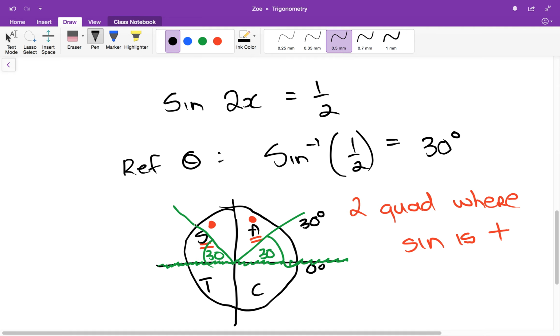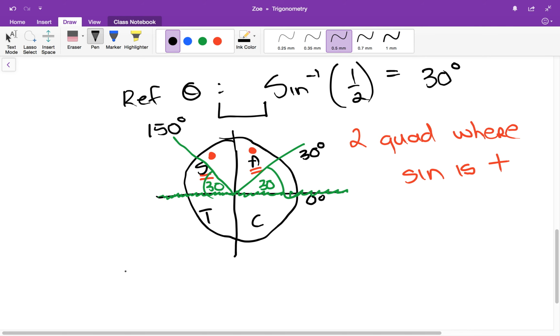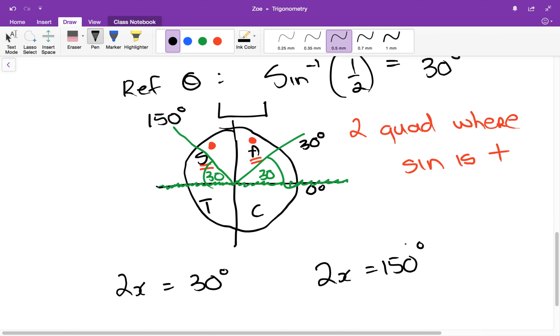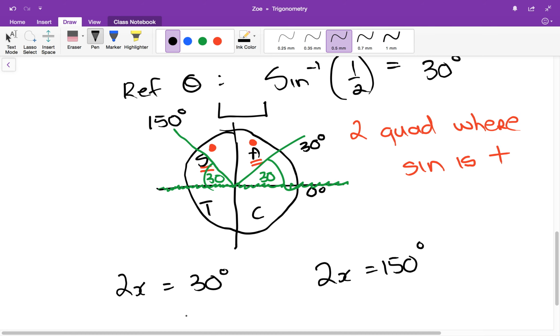Whereas this one over here is 30 degrees short of 180, so it's 150 degrees. Okay, so there are two answers, except that this is not x, it's 2x, and we have to take that into account. So we let 2x equal 30, and we let 2x equal 150, and we get x equals 15 and x equals 75.